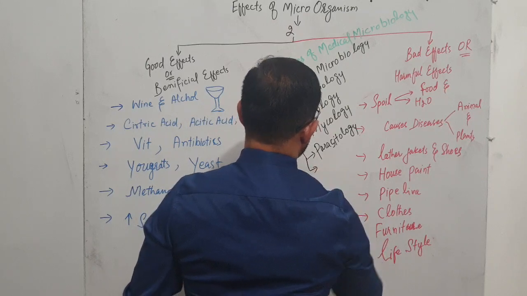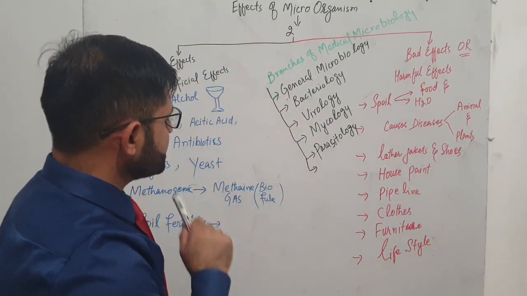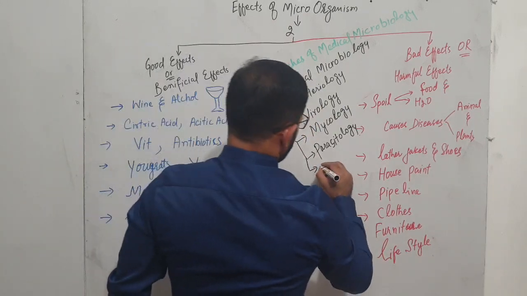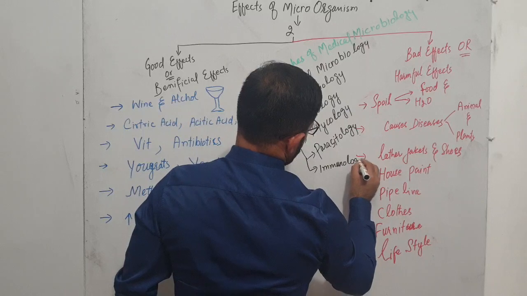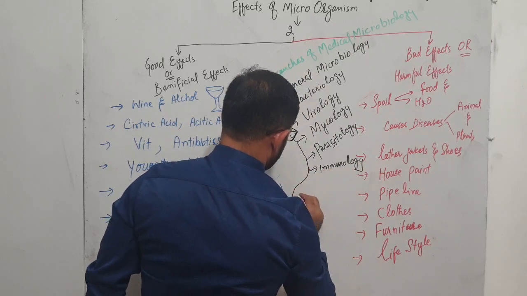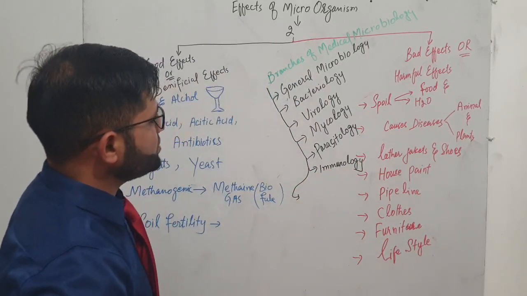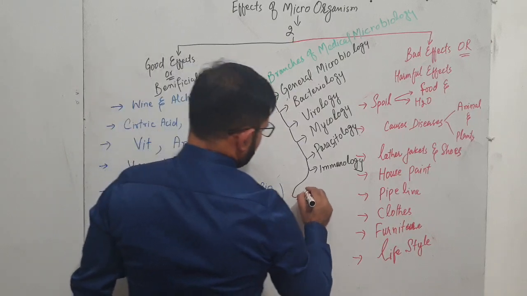The next branch is immunology. The next branch is clinical microbiology.